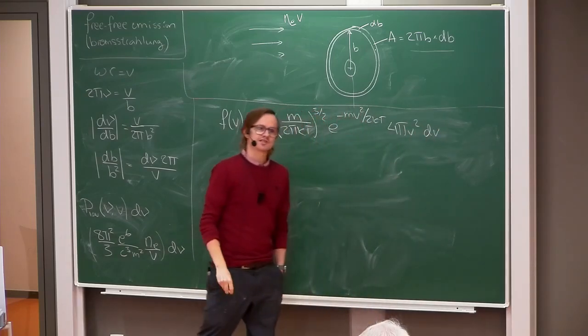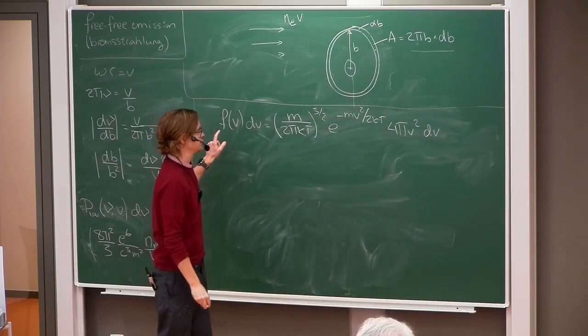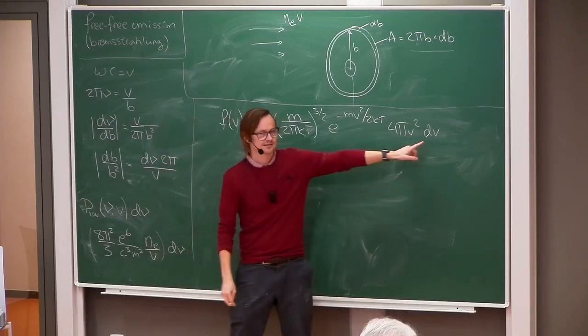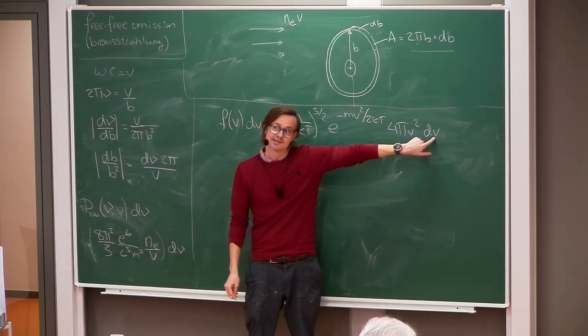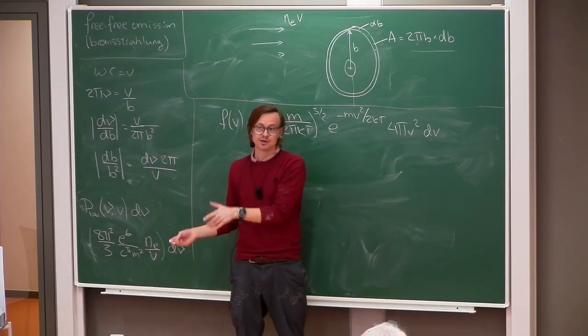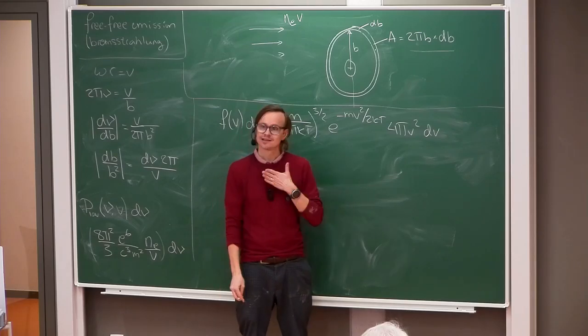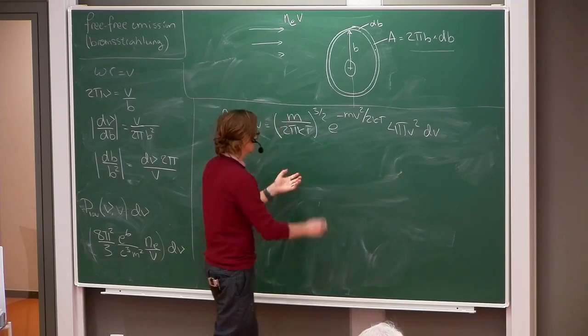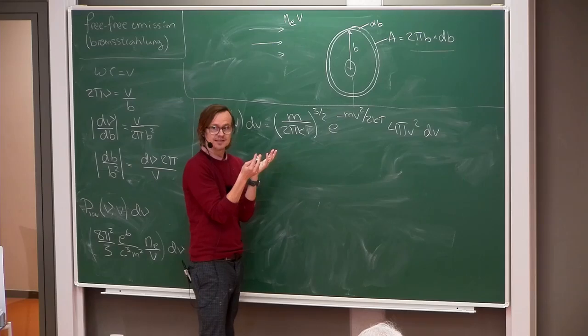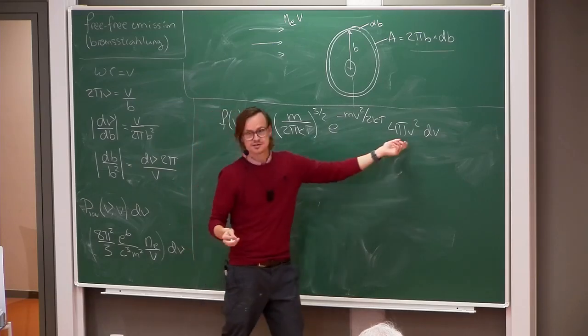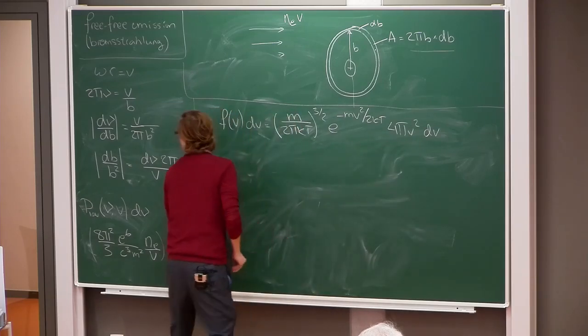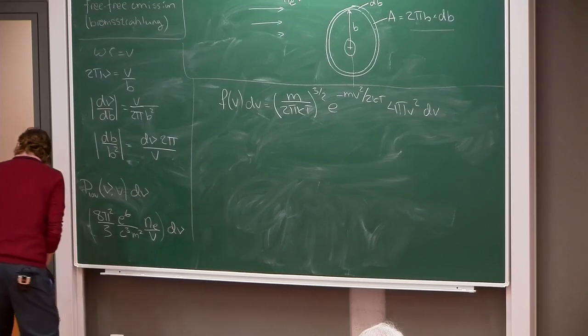That is because I'm now interested in the distribution of speeds. Previously, when we did this in the Doppler shift for the bound-bound processes, we were interested in the line of sight velocities. Here, we're just interested in the speed distribution. So the folding becomes a little bit different, okay?